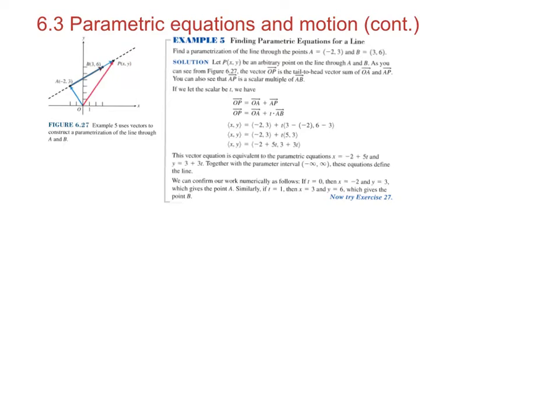We don't know what x and y are, we don't care, we just know that point P lies on AB. By doing that, we can see that the vector OP is going to equal the vector sum of OA.